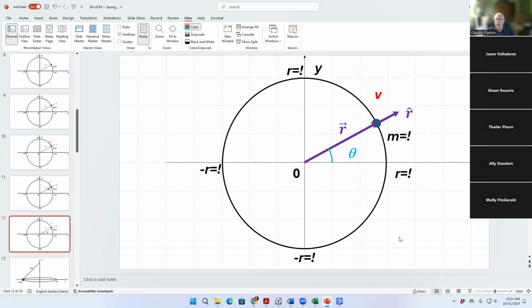Okay. And by the same token that I can describe the position of this particle in the Cartesian coordinate system, I can also describe the position of this particle in the polar coordinate system. I don't need that anymore, right? Let's see, do I have any other thing here that I can get rid of? I don't need that either.